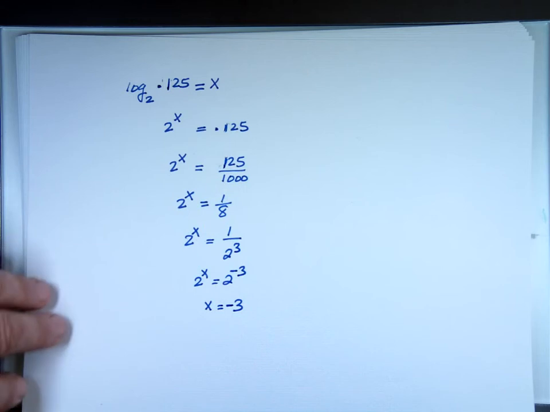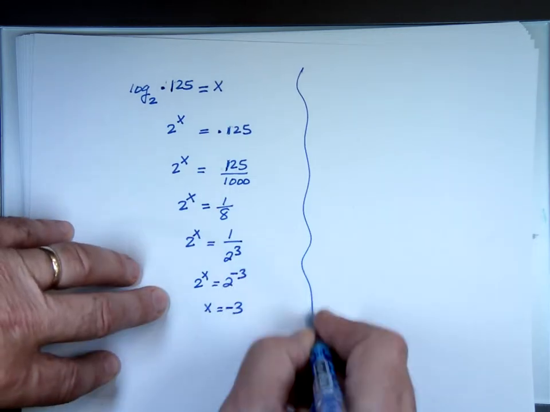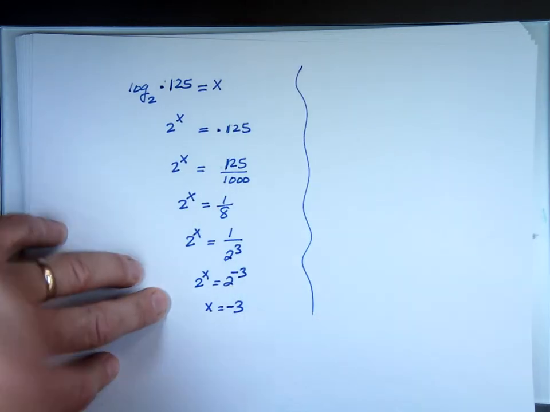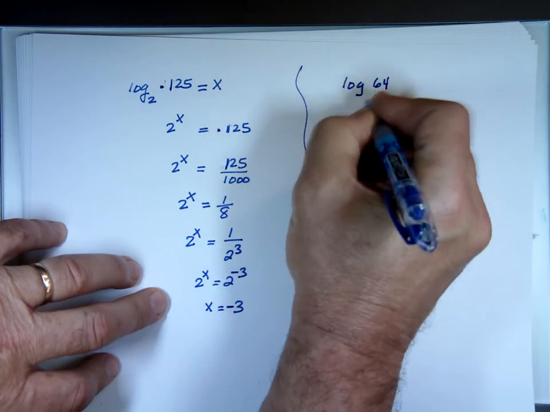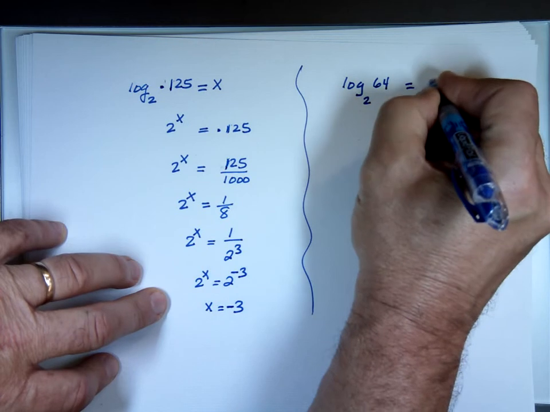How about if I do this? Log 64 base 2 equals 5x minus 3. Solve for x.